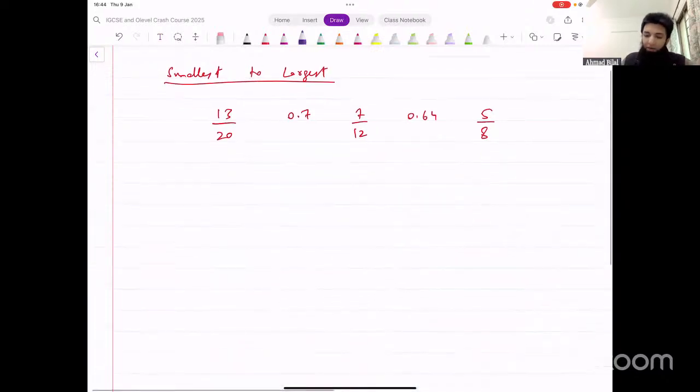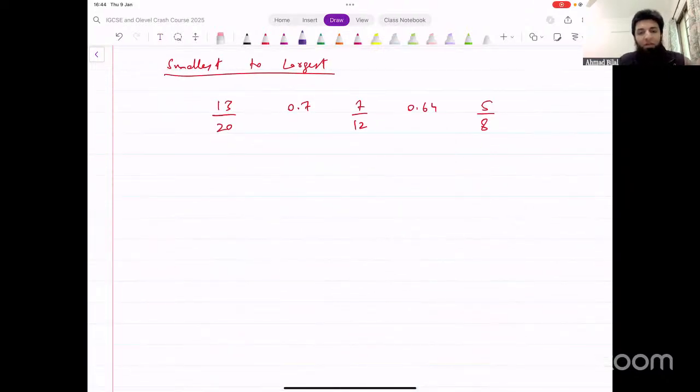Now, how do you order these numbers from smallest to largest? In order to be able to compare numbers, they should be of the same form. You should either have all of them as fractions or have all of them as decimals. If you want to have all of them as fractions, to be able to compare them easily, you would need to have the denominators the same as well.